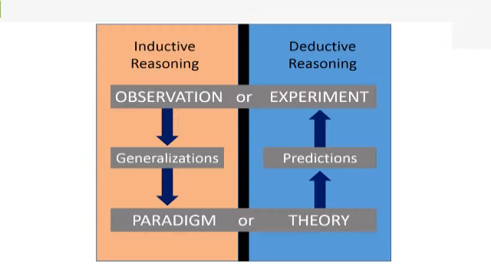So the scientific method involves 2 types of reasoning: inductive reasoning and deductive reasoning. As you can see in the flow diagram, inductive reasoning starts with observation and moves toward generalization and theories. An example of induction, or inductive reasoning, is: I have seen 4 students at this school leave trash on the floor.